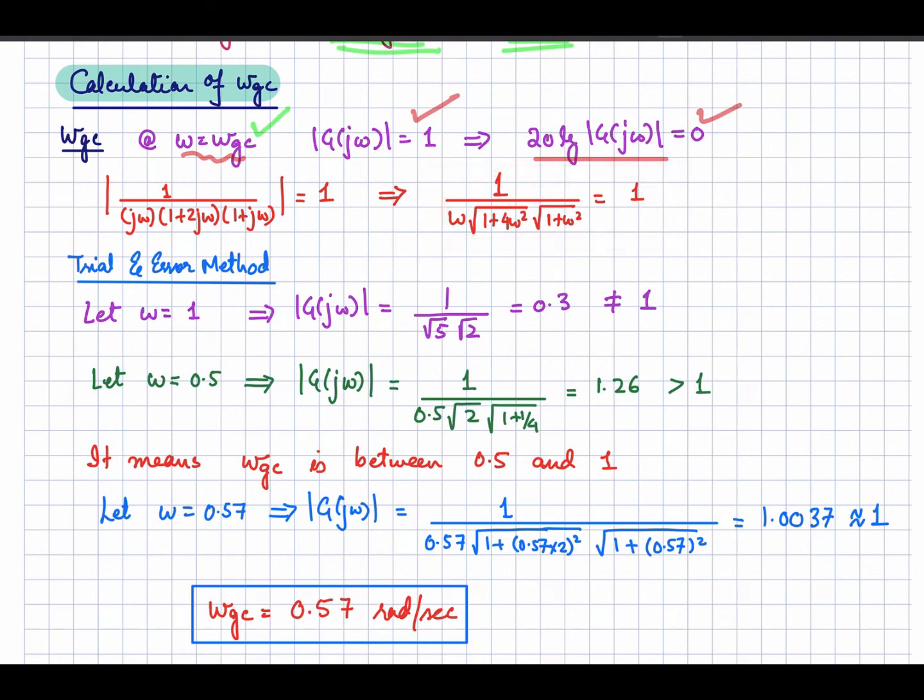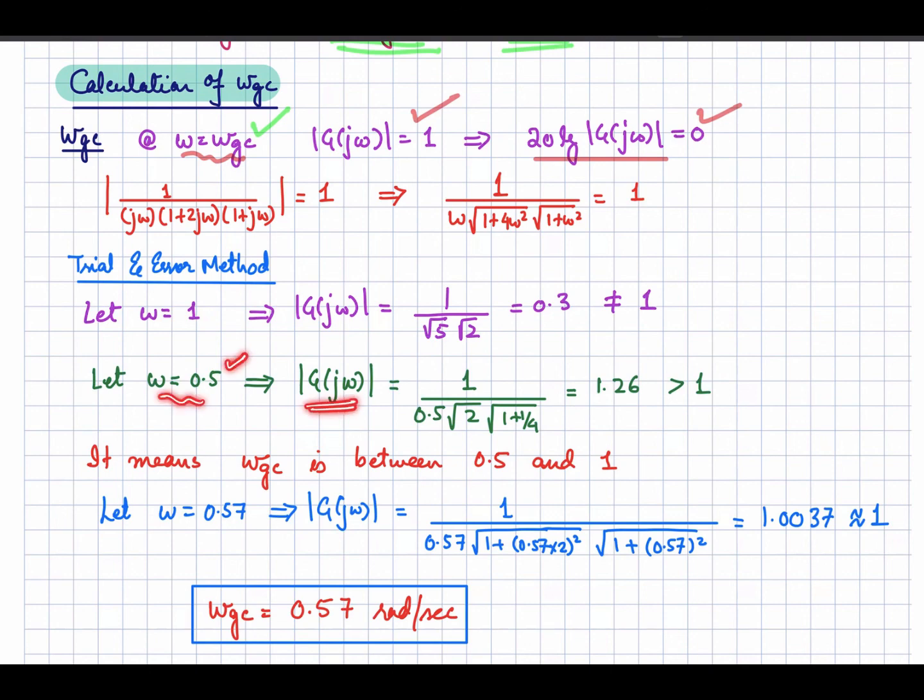So first of all, let's consider that omega is equal to 1. At omega equal to 1, if we calculate this G(j omega), that is going to be 0.3, and this is not equal to 1. It means omega is not equal to 1. I am going to use the trial and error method for the evaluation of this gain crossover frequency. So now let's take omega equal to 0.5.